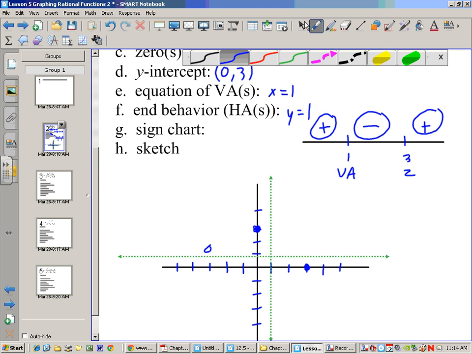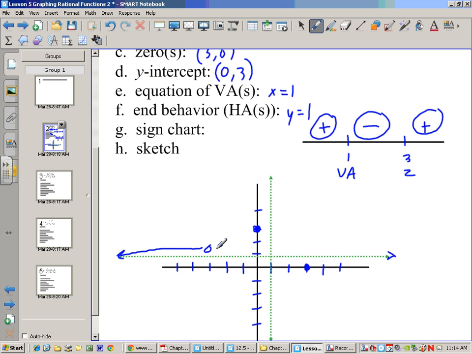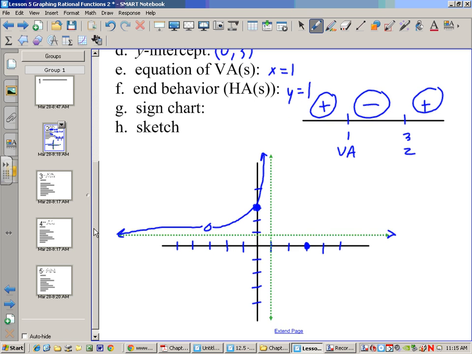Now it says that it's going to end up over here and end up over here. That's what end behavior is. Our vertical asymptote, what happens on the far left and far right. Our sign chart tells us whether we go down or whether we go up. Since this is positive, this has to be positive the whole time, and it has to pass through that point, until it hits that axis.